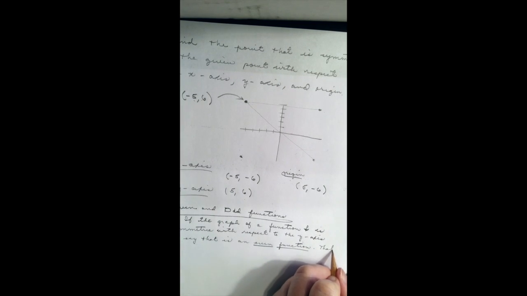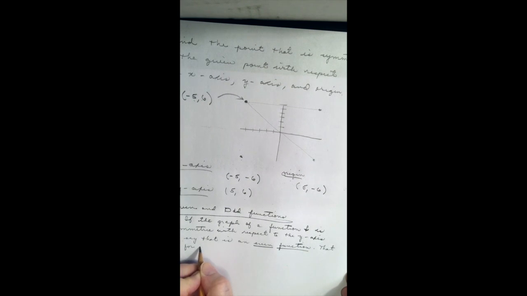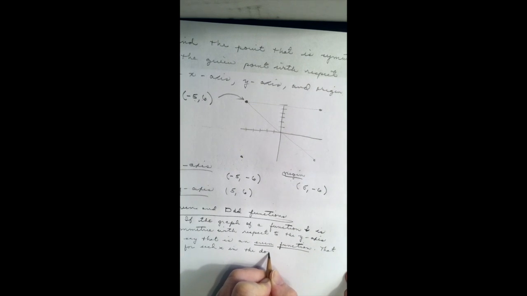That is, for each x in the domain of f, f of x equals f of -x.